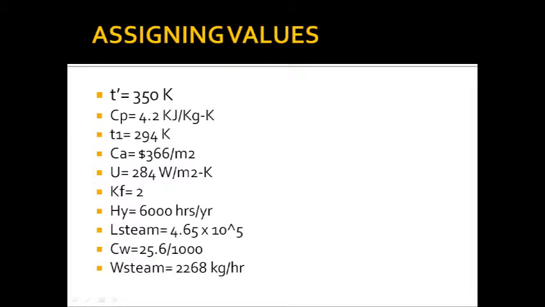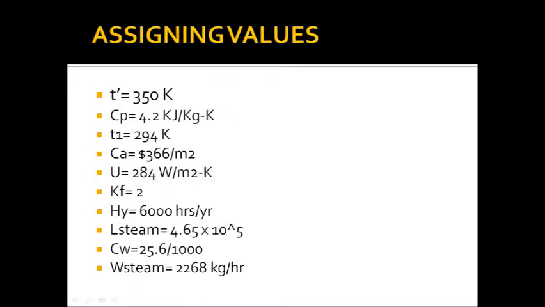or the temperature of the steam is at 350 Kelvin. The heat capacity is at 4.2 kilojoules per kilogram Kelvin. T sub 1 or the entering temperature is at 294 Kelvin. C sub A is $366 per square meter. U is 284 watts per square meter Kelvin. K sub F is equal to 2.